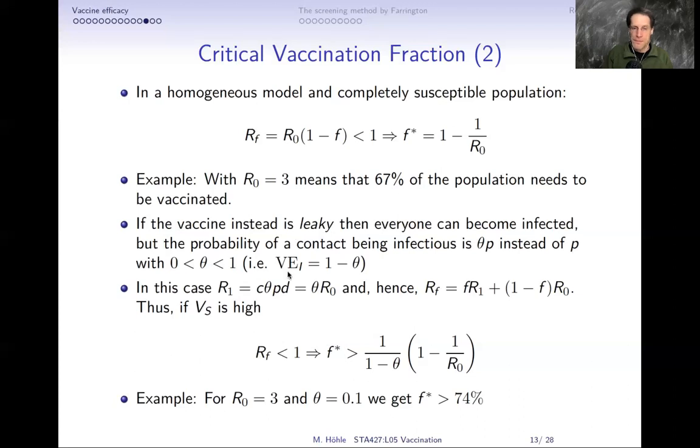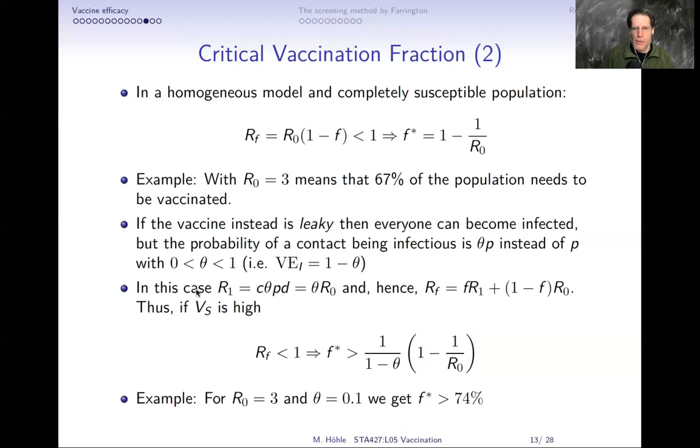That means that the vaccine efficacy, and I think this should have been S instead, is then given by 1 minus theta.